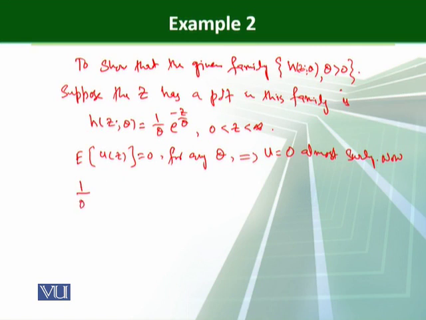I am going to write directly: 1 over theta, this is a constant, so it comes out of the integral, and the integral is from 0 to infinity. Sorry, the range of this PDF is from 0 to infinity, not theta. So that is the integral from 0 to infinity of u(z) e raised to power minus z over theta dz, because we are interested in the expected value of this, and that is equal to 0.